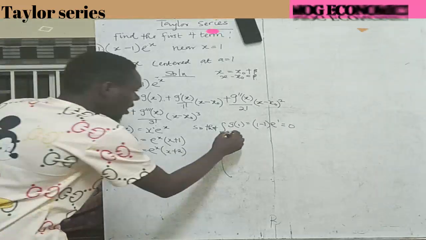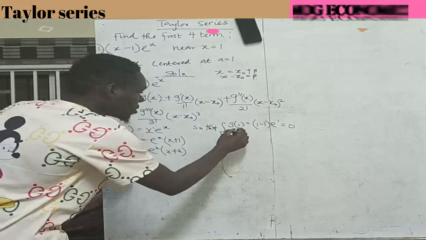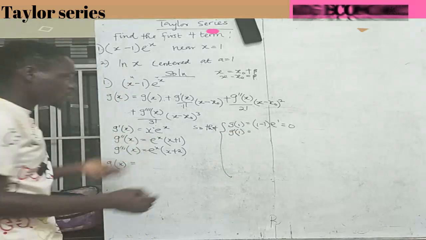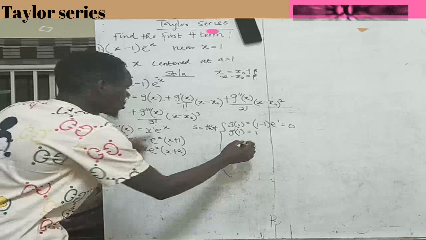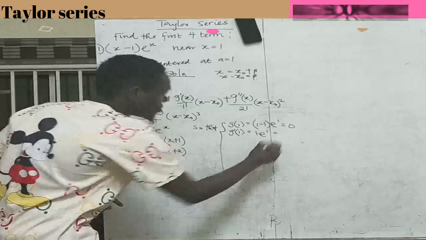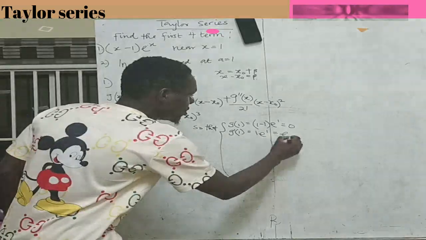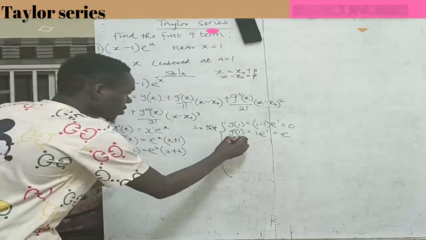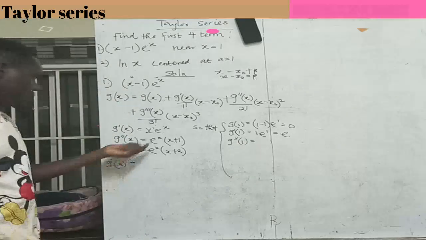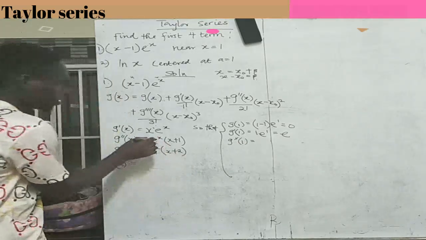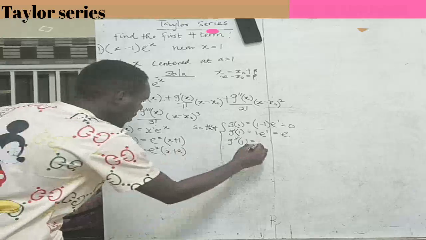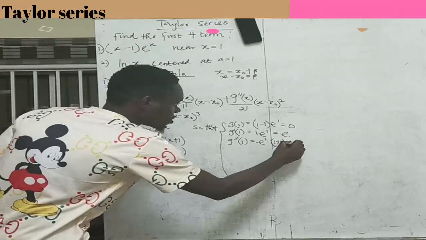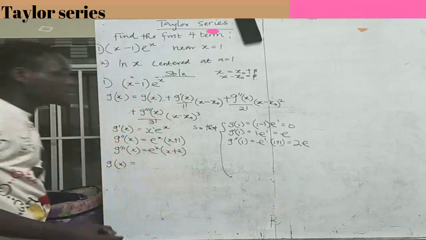Now for the first order derivative, the result here, we have this. So inserting 1 here, this is e. Here, for the second derivative, substituting 1 here again, we have e, then we have 1 plus 1, which is 2e.